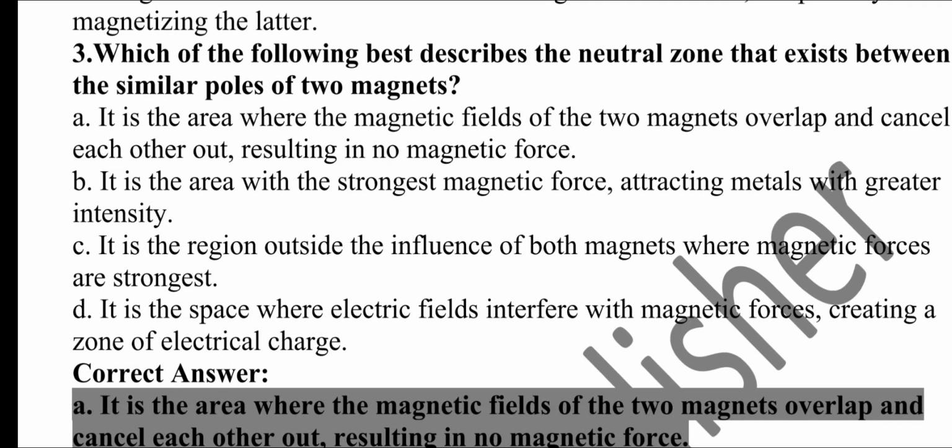Option B. It is the area with the strongest magnetic force, attracting metals with greater intensity. Option C. It is the region outside the influence of both magnets where magnetic forces are strongest. Option D. It is the space where electric fields interfere with magnetic forces, creating a zone of electrical charges.